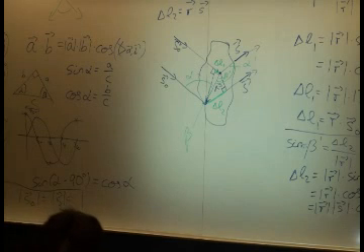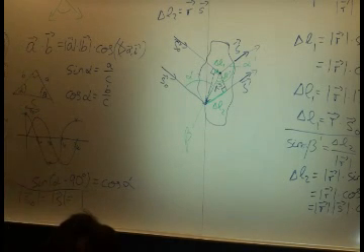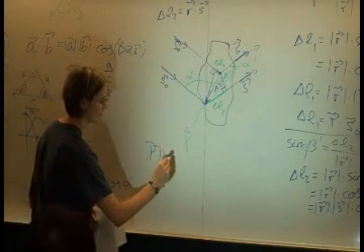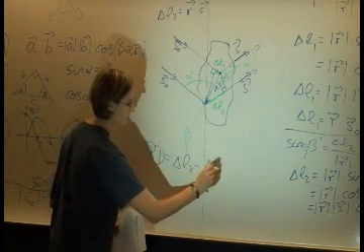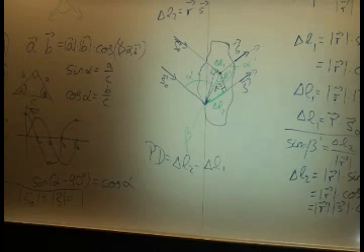Delta L2 minus delta L1, right? So that would be r times s minus r times s0, right?